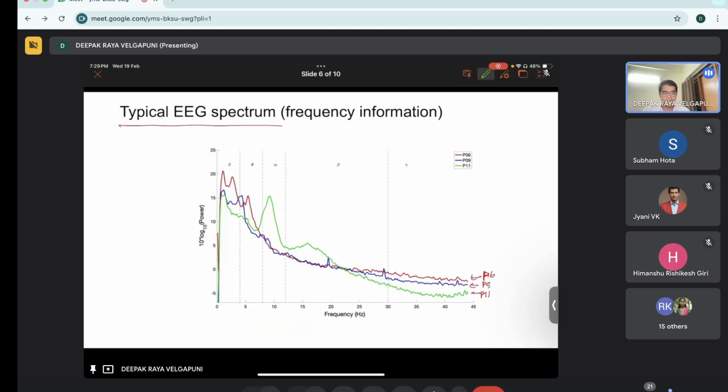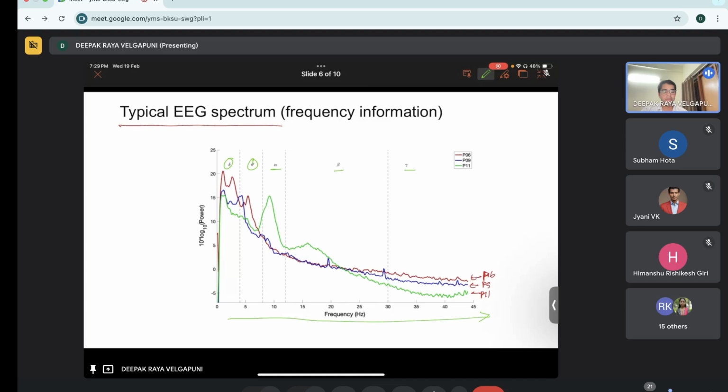So now coming to a typical EEG spectrum again. So here you see a typical spectrum, and we have divided the frequency axis into different bands: delta band, theta band, alpha band, beta and gamma bands.